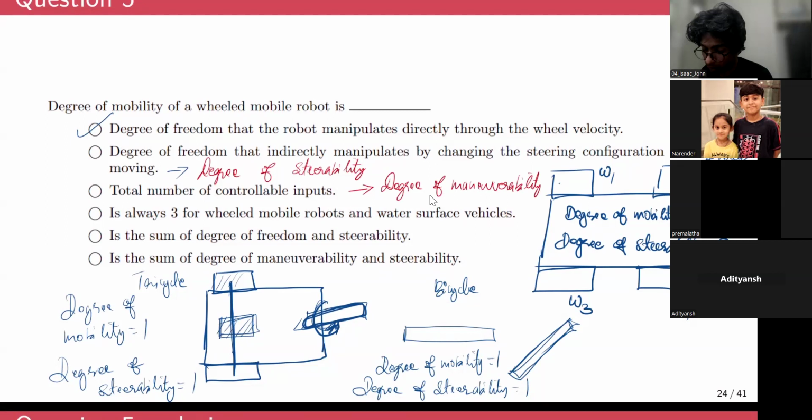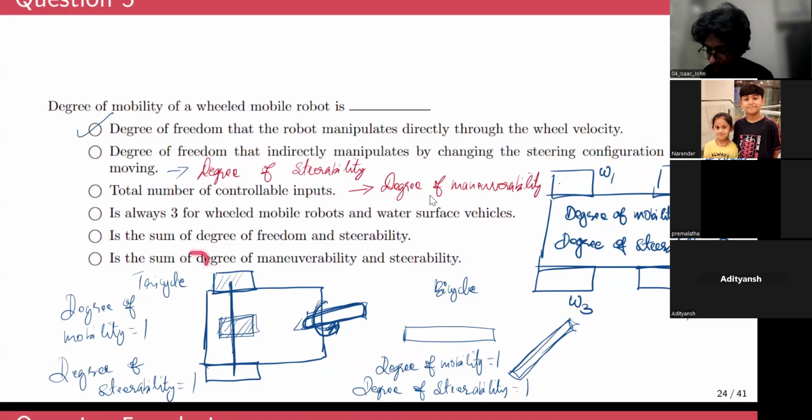What about option 4? Is always 3 for wheel mobile robots and water surface vehicles. Is that true or false? So degree of freedom is 3, that I can agree, because you require 3 coordinates to describe its position and orientation. But degree of mobility is not always 3, right? Because here itself we have seen an example.